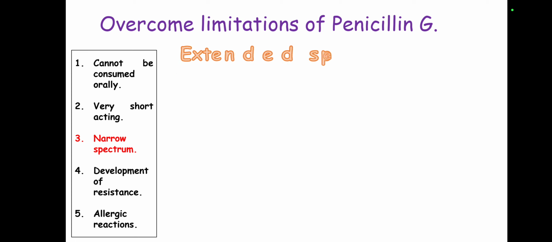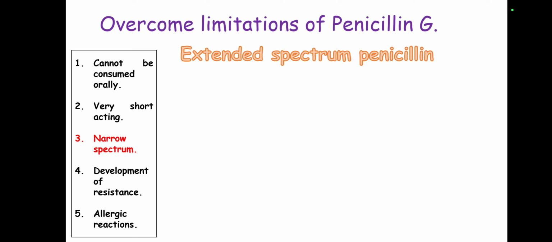Now the solution to this is that we have developed newer penicillins which are effective even against gram-negative bacteria, and these newer penicillins are called extended spectrum penicillins, or simply they are also known as wide spectrum penicillins. The name itself says their spectrum is wide, meaning they can also inhibit gram-negative bacteria.